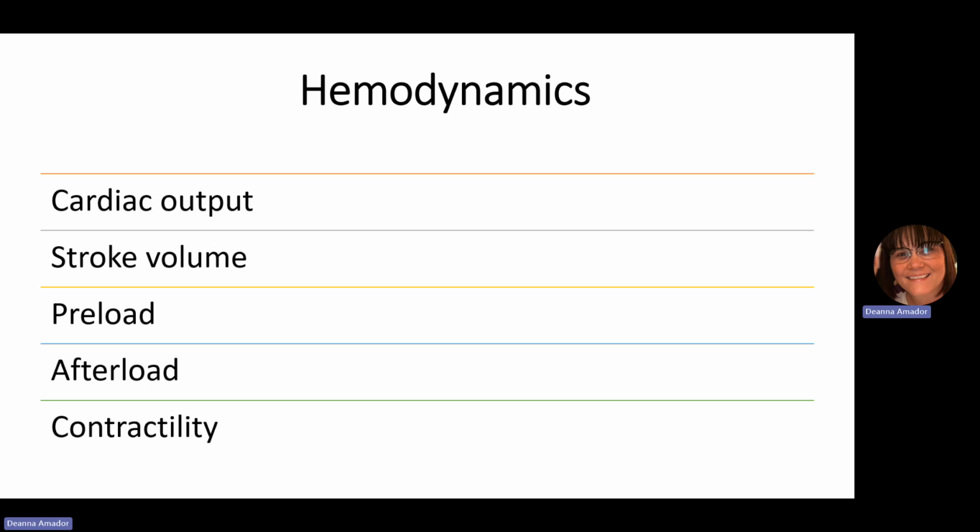So a measurement of afterload is your SVR, your systemic venous resistance. So you can say afterload equals resistance, and then in parentheses write SVR, systemic vascular resistance or venous resistance. And then your contractility is the ability of your heart muscle to contract. So how strong your heart is pumping.